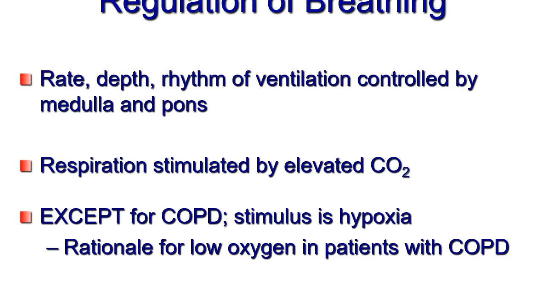The regulation of breathing: the rate, the depth, and the rhythm of ventilation are controlled in the brain by the medulla and the pons, and respiration rate is stimulated by elevated CO2. So if we are hypercapnic, that stimulates us to breathe in and out and get more oxygen in and lower our CO2 levels, except for that patient with COPD.